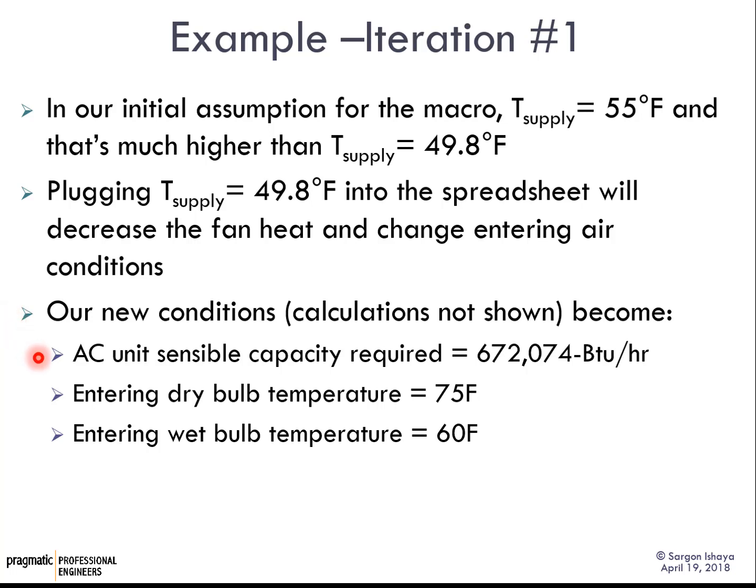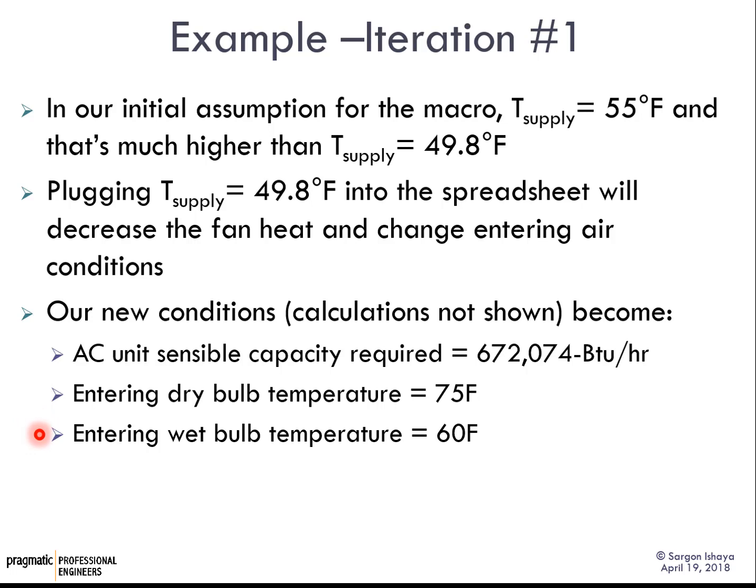And what you'll realize is that the sensible capacity of the unit is now required to be 672. Remember, before we were at 687, now we're at 672. The reason for the reduction is because we have less airflow, meaning we have less fan heat. Okay? So this gives us the same entering conditions, conspicuously enough, 75 degree dry bulb, 60 degree wet bulb.